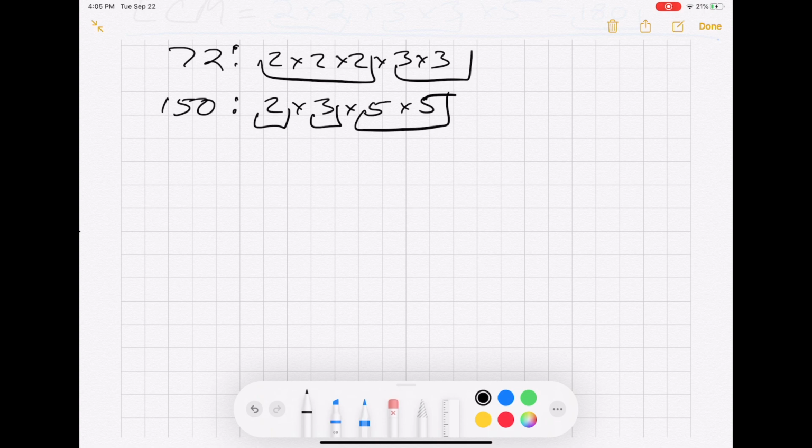So I'm just going to throw 200 in here. Okay, so that would be 2 times 2 times 2 times 5 times 5.